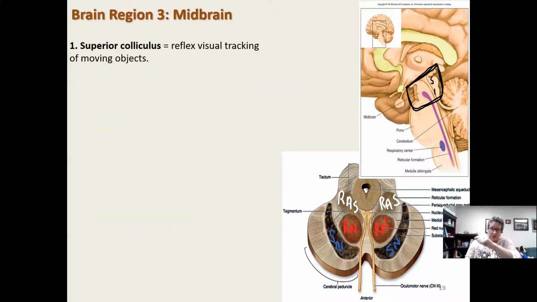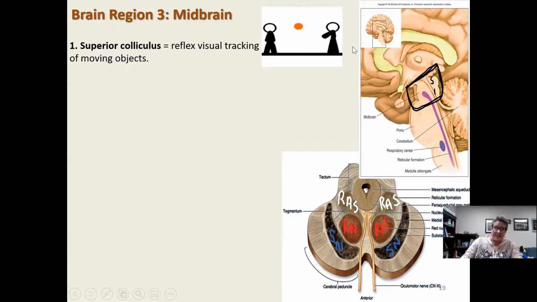So that is the reflex visual tracking of moving objects, because it can be life saving. I have this GIF here where someone is throwing a ball at a person, and obviously this person does not have a good superior colliculus, because I'm sure they can see that ball coming at them, but they haven't ducked out of the way.